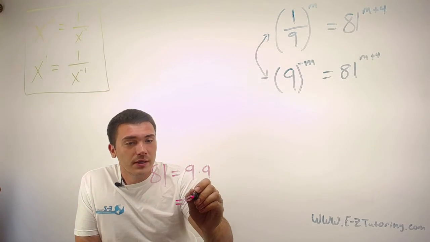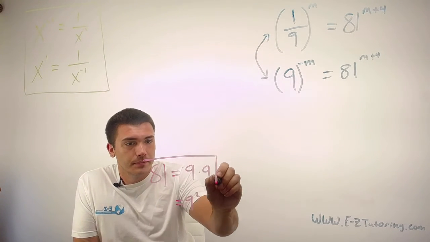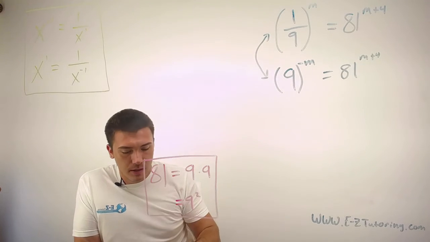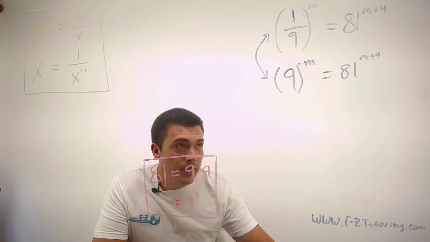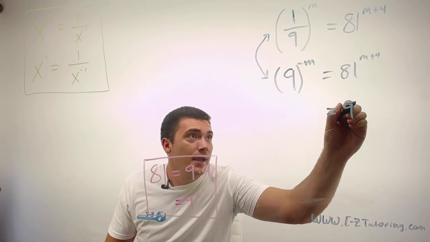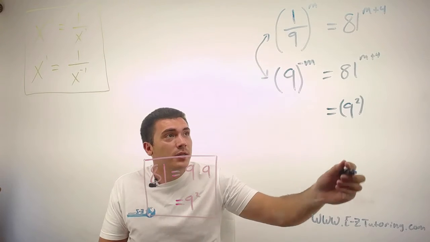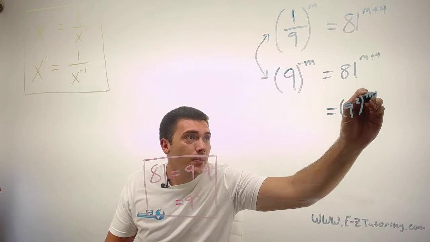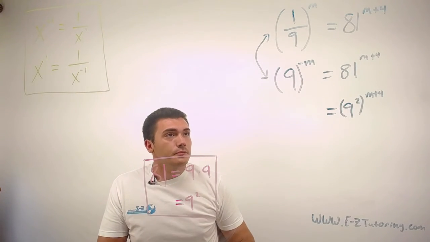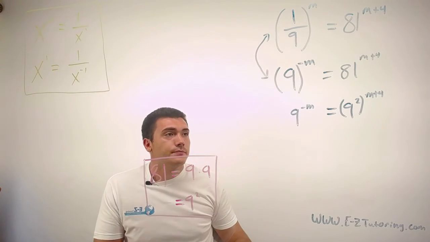So 81 is in fact equal to 9 squared. Now we can replace this 81 with 9 squared. And of course, 81 did have a power of m plus 4 on it. Then over here, we have 9 to the negative m.